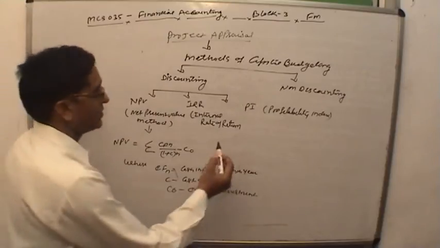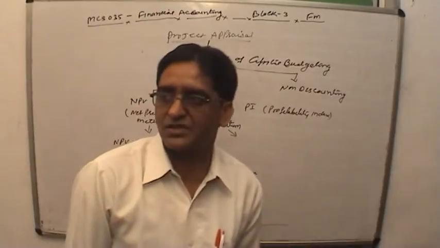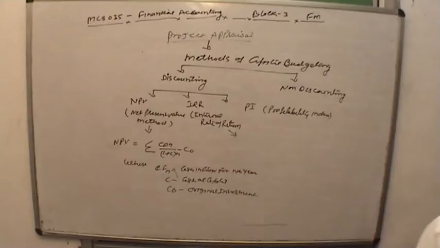And the internal rate of return is actually a trial and error method, in which we determine one value that is more than the original investment and another value that is less than the initial investment.